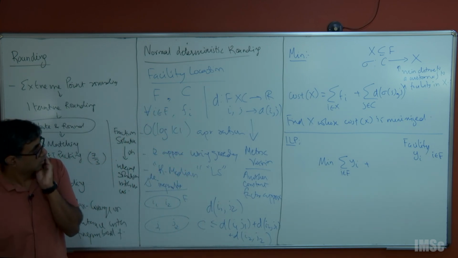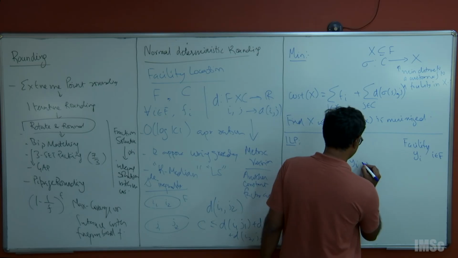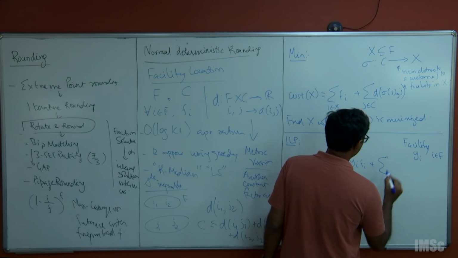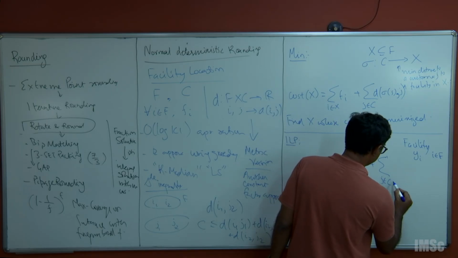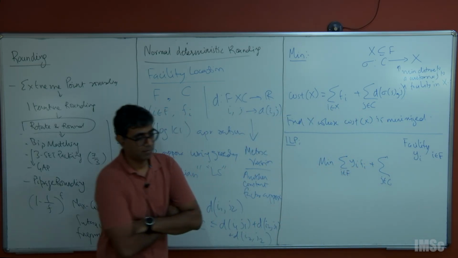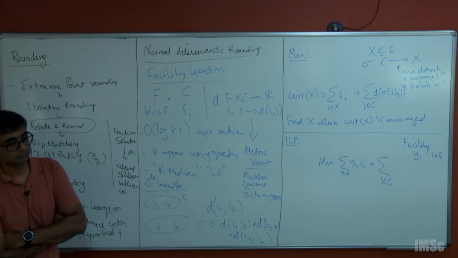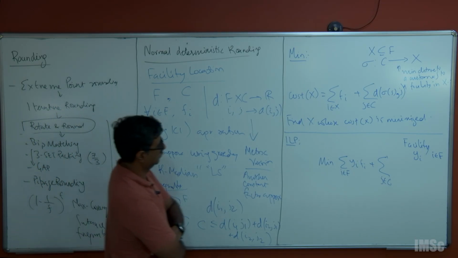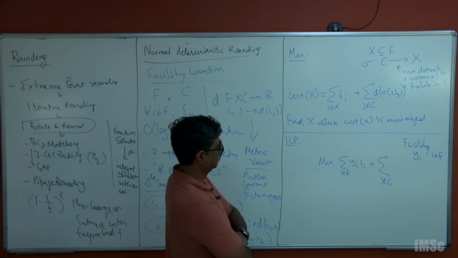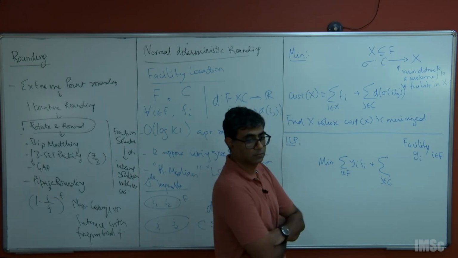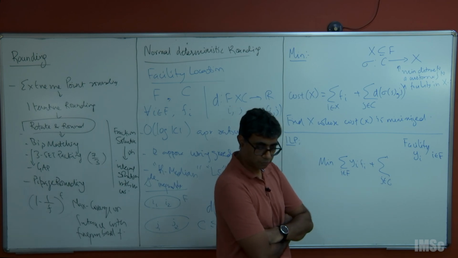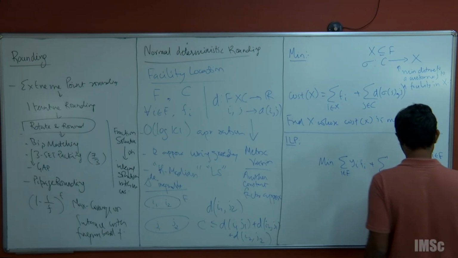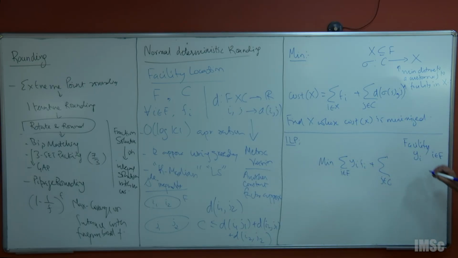For j in customers, to say what? Client j is assigned to facility i.